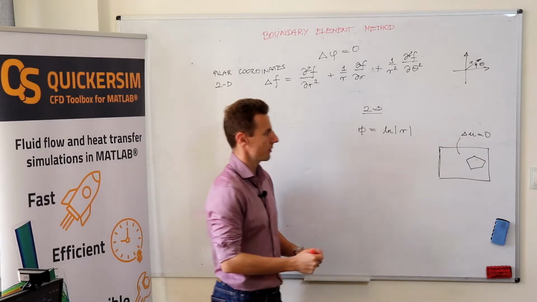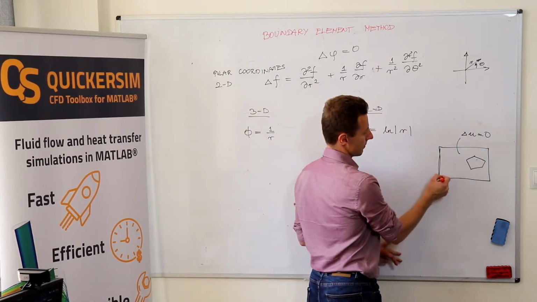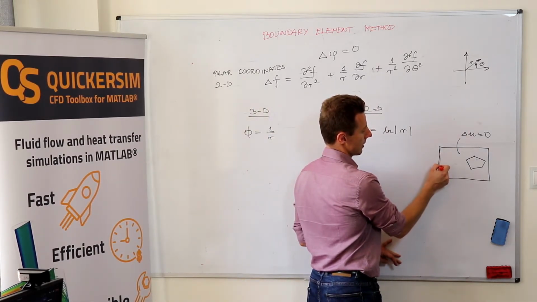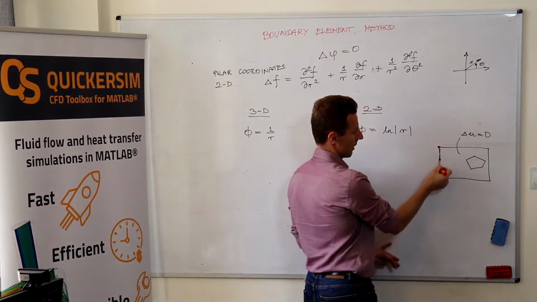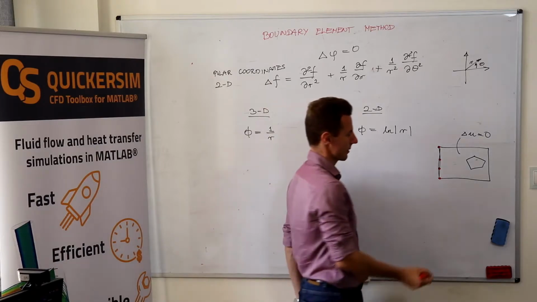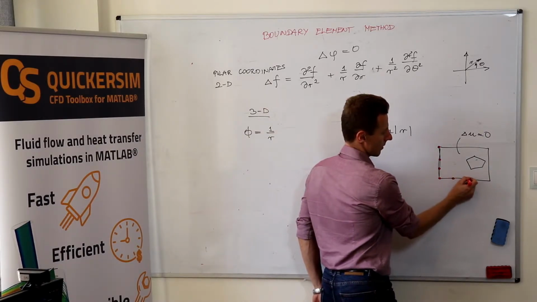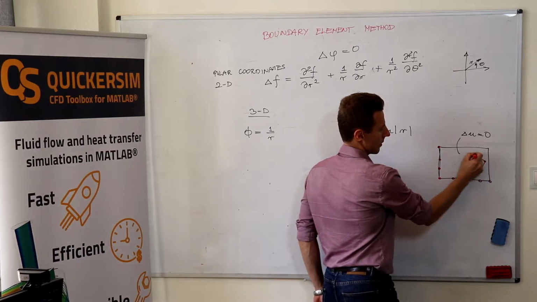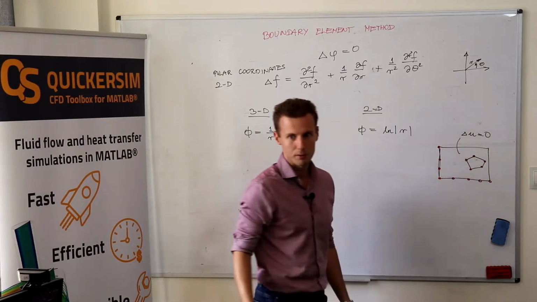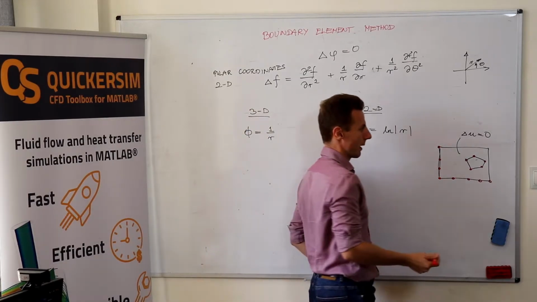Space discretization in this case means introducing the boundary elements. In the panel method for aerodynamics they are called panels.